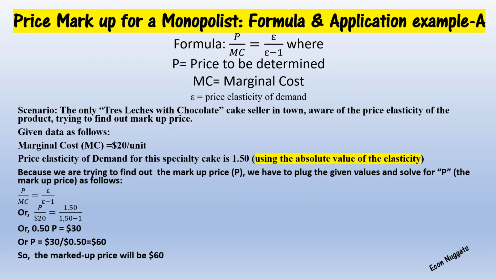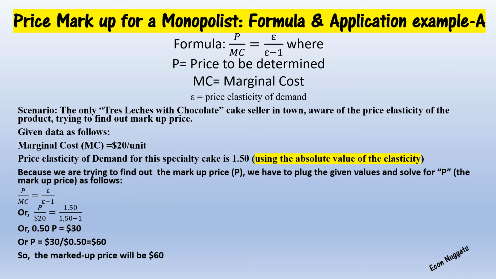The scenario is as follows. The only tres leches chocolate cake seller in town is aware of the price elasticity of the product and is willing to find out his or her optimal markup price.